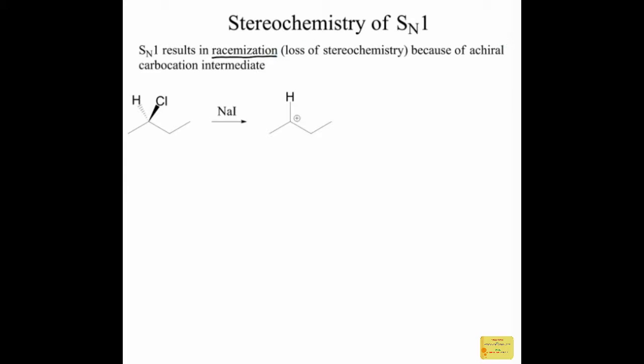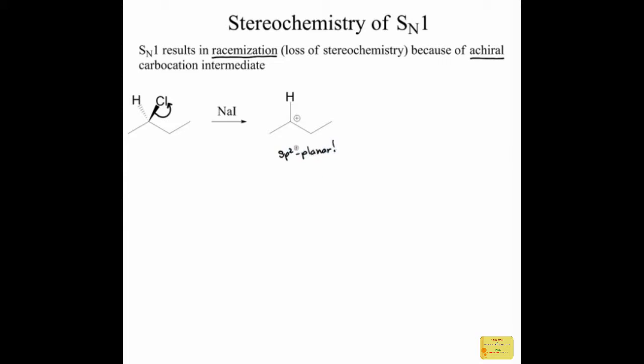And that's because with this stepwise mechanism, we go through a carbocation, and the carbocation is achiral. So here we have a chiral starting material, okay? But once this leaving group leaves, this carbon now has just 3 groups around it. What hybridization do we expect for a carbocation? This is sp2 hybridized. It's planar.